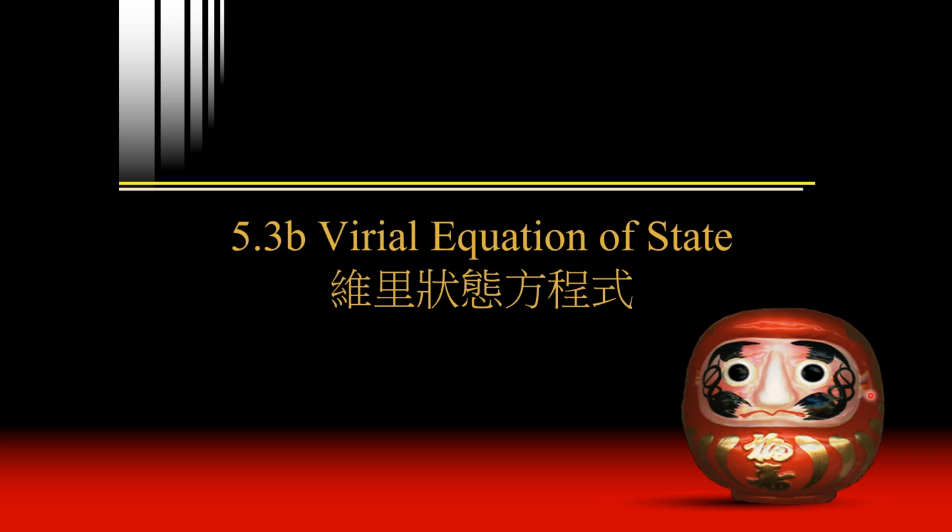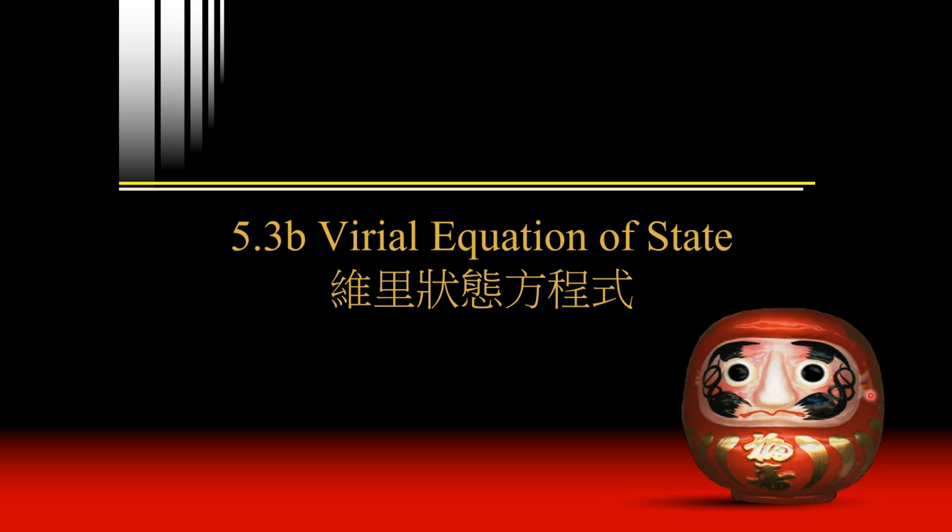Right, so now we are going to introduce equations. You know that if this is an ideal gas, we use PV equal to nRT. However, there's nothing real, there's nothing ideal. So we need to modify PV equal to nRT. The first equation we want to introduce to you is called the virial equation of state.